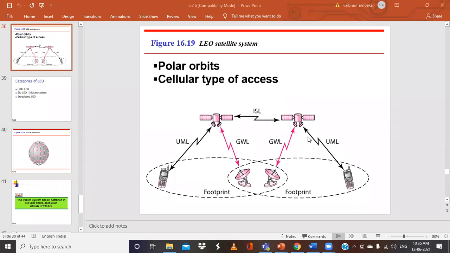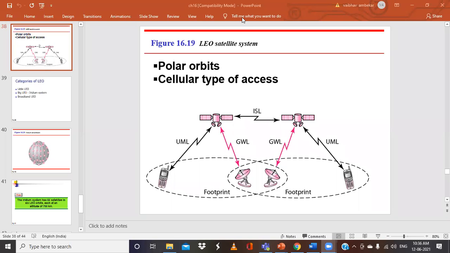Pragya. Pragya, can you explain this? No, sir. Saubhagya, explain this. What is UML and what is ISL?